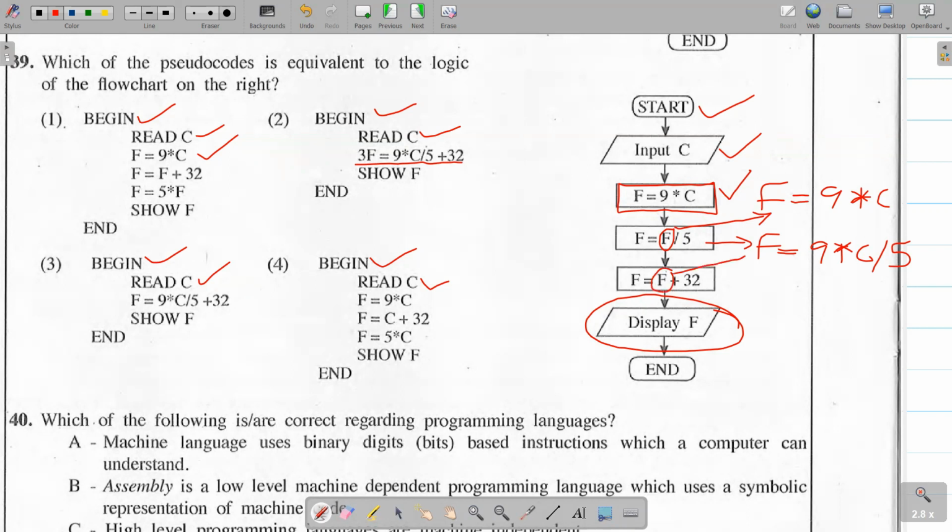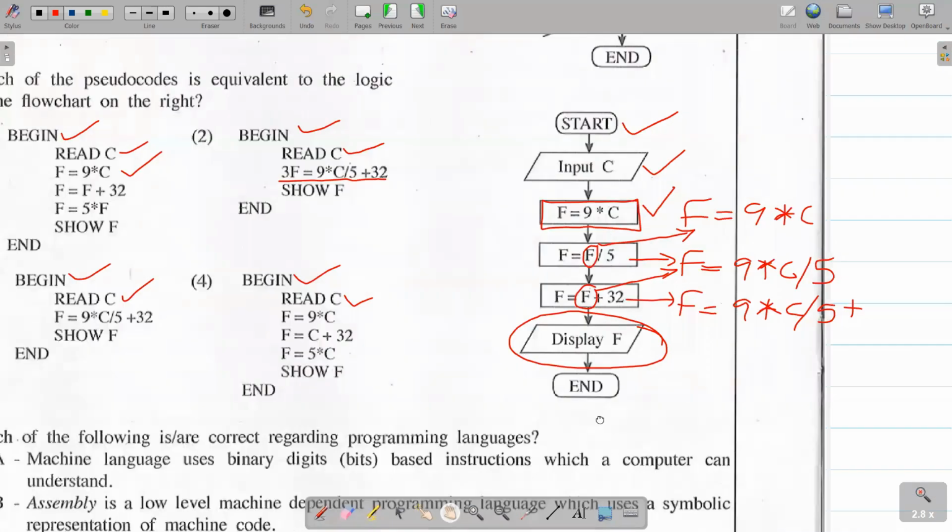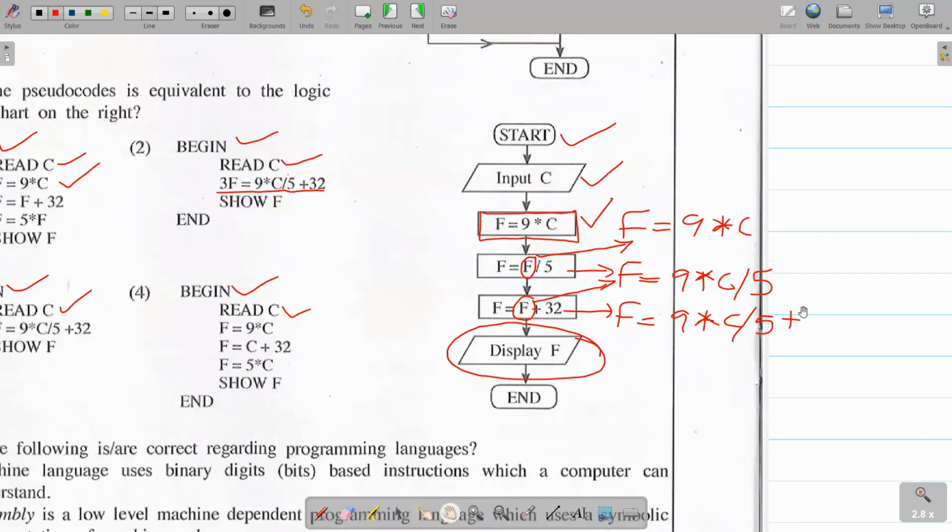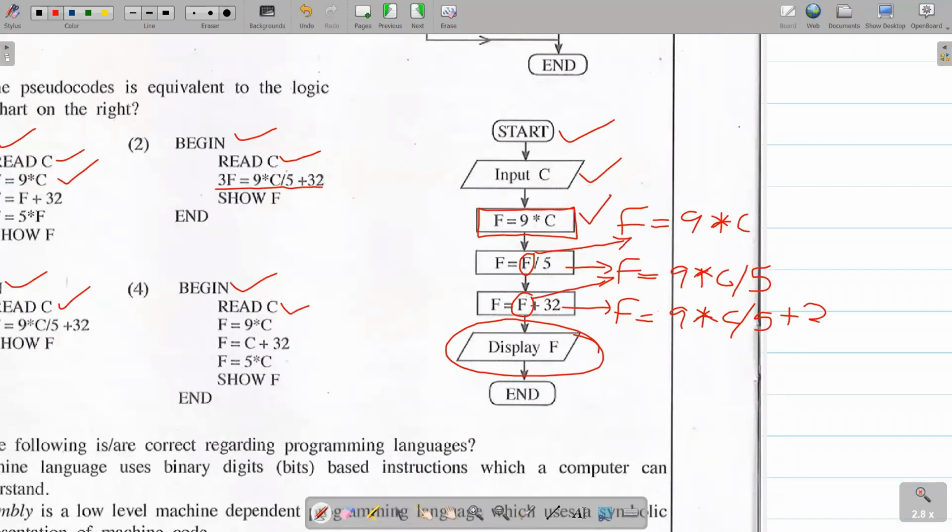This F means it is this. So we can write this like F equals 9 into C divided by 5 plus 32. Right, so that's the ultimate answer of the F.